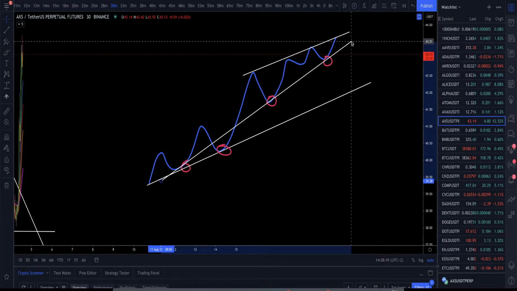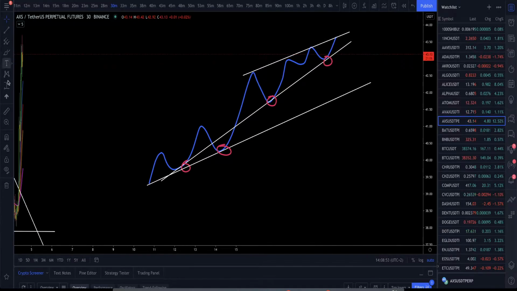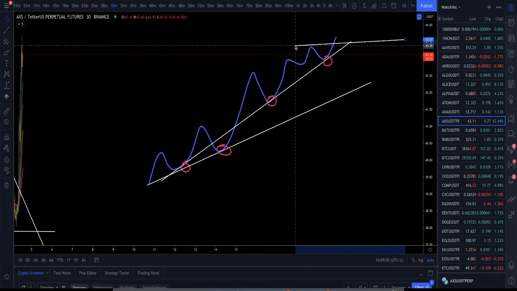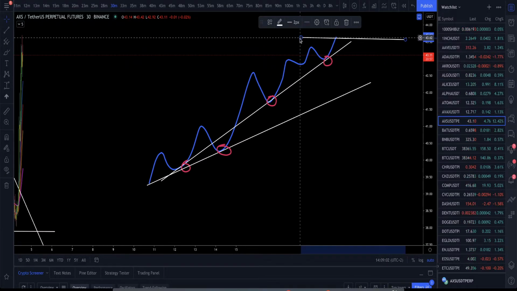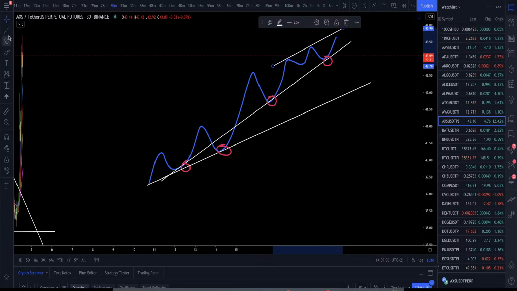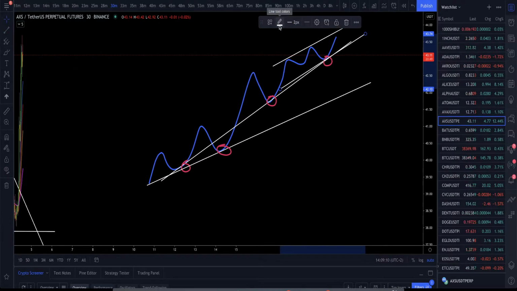So you can use it all the way, guys. And if it is ranging here, you can use it as a channel, or you can use it as a rising channel here. Those are all things that a trend line can support with.